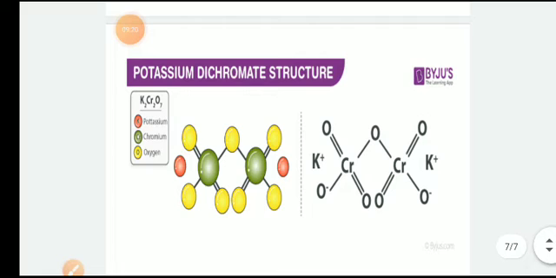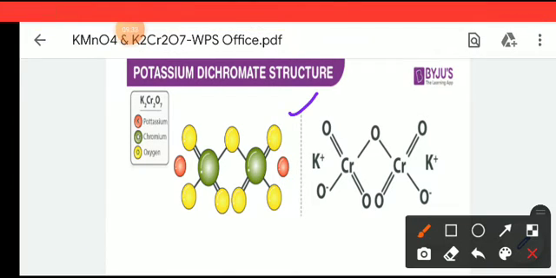This is the last slide of today's topic, the structure of potassium dichromate. In the structure you can see there are two chromium atoms, and each chromium atom has 4 oxygens bonded to it.